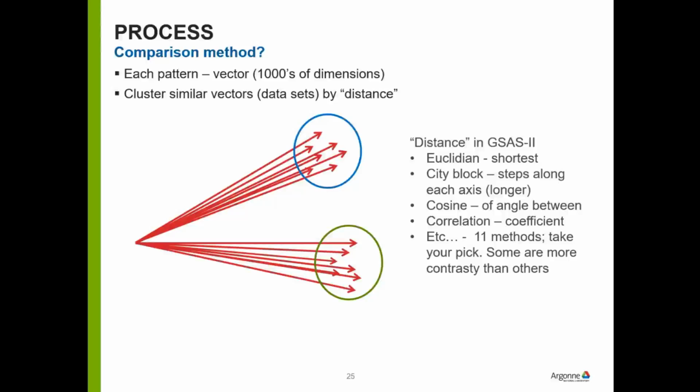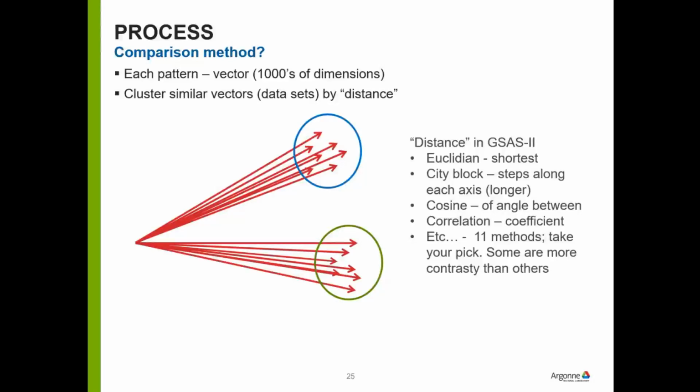The next data set will be a different vector in a slightly different direction if it's similar, or a vastly different direction if it's quite different. So they'll either group together as a bunch of vectors here and another bunch of vectors there. And you want to know, well, how do I know this one's a part of this group? Well, you measure the distance between the end of this vector and that vector. And if it's small relative to that distance, then it belongs in this group rather than that group.